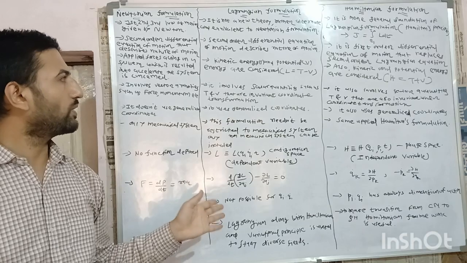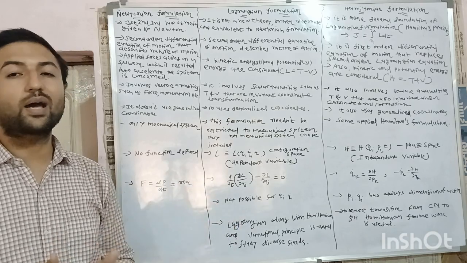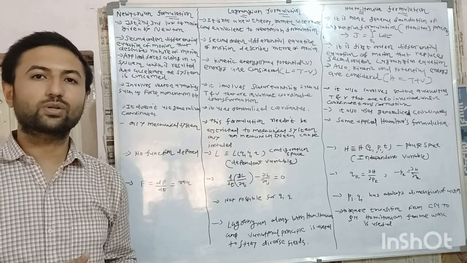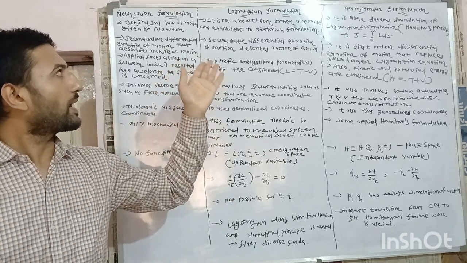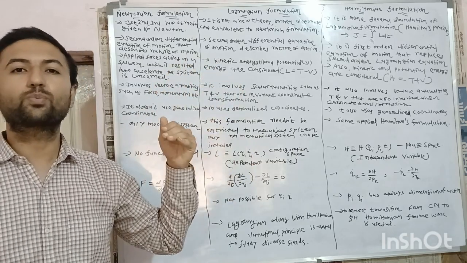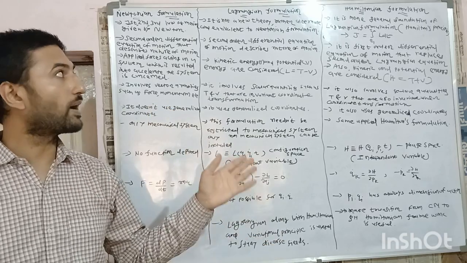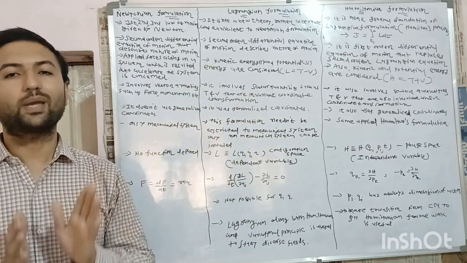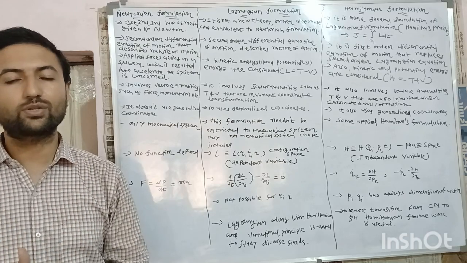So in the present video we have seen why Newtonian mechanics has certain limitations, why the Lagrangian formulation is more useful than Newtonian mechanics, and why the Hamiltonian formulation is more useful than the Lagrangian formulation.